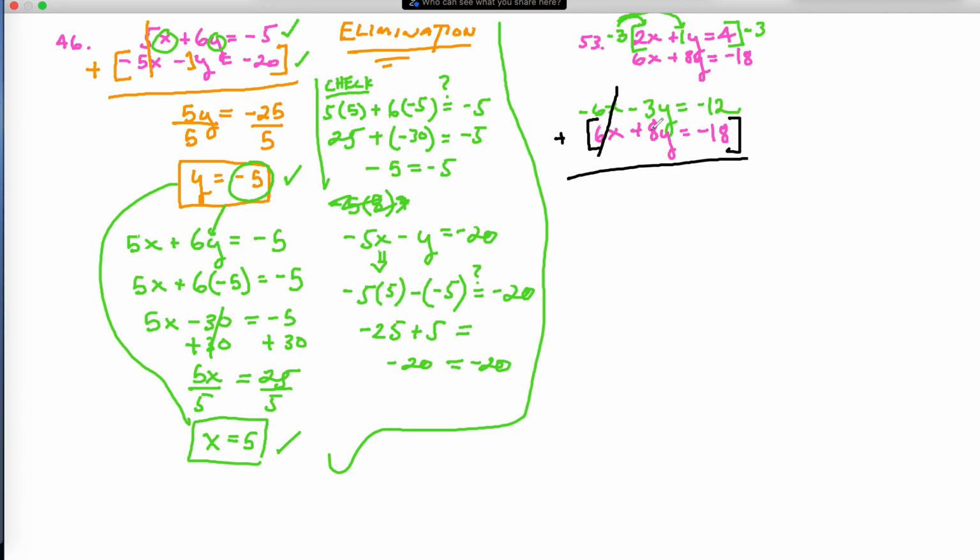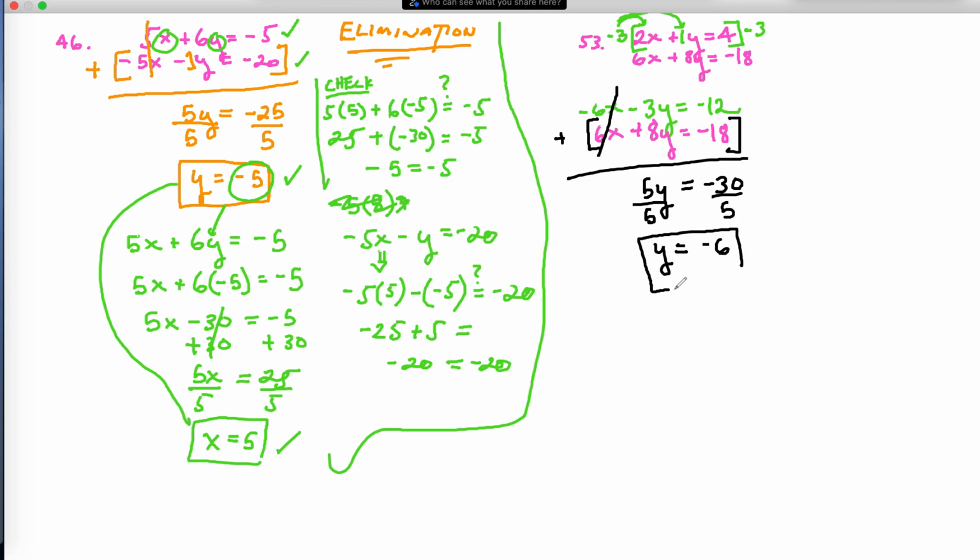Negative 3y plus 8y is positive 5y. And then negative 12 plus negative 18 is negative 30. And if I want to solve for y, I divide by 5. I'm going to get y equals negative 6.